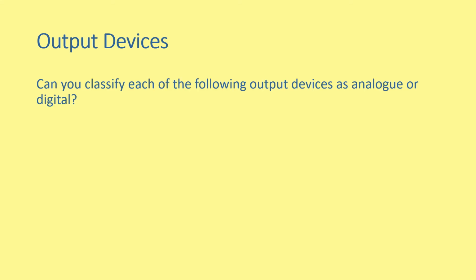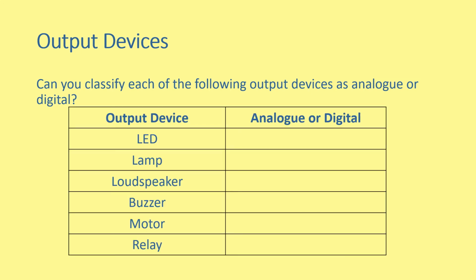So have a look at the following devices. Can you classify them as being analog or digital? Well, LEDs are on or off, so they are digital. A lamp can change in brightness, so that is analog.